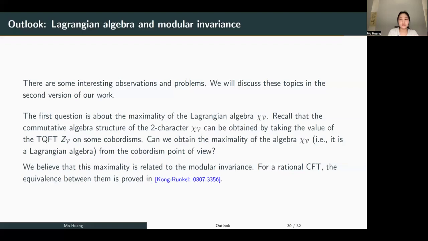Can we obtain the maximality of the algebra chi V from the cobordism point of view? We believe that this maximality is related to the modular invariance. For a rational TQFT, the equivalence between them is proved in Kong, Liang and Runkun's article.